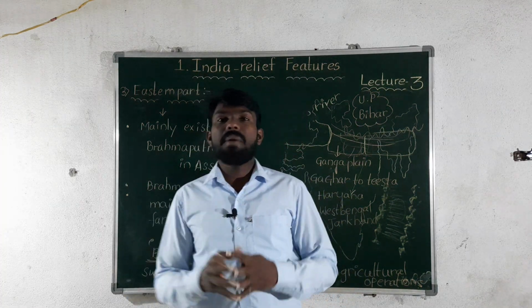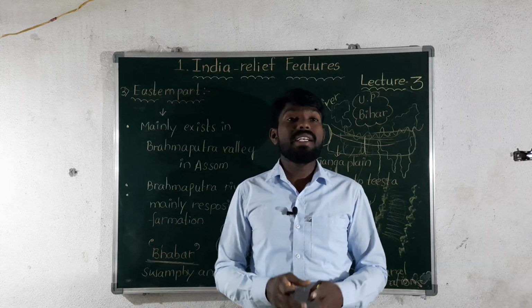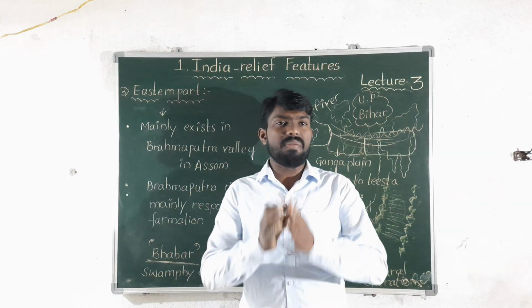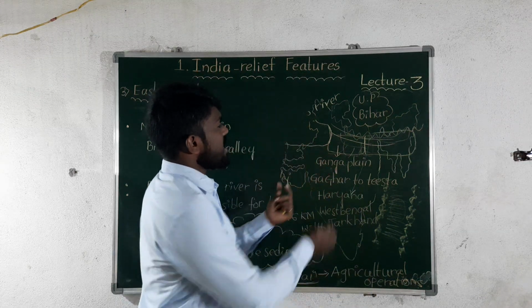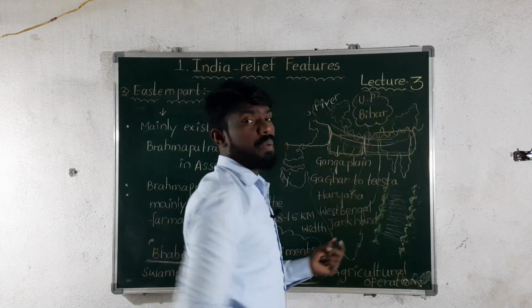So this is about the three parts. The Indo-Gangetic Plains are broadly divided into three parts: the western part, the central part and the eastern part.